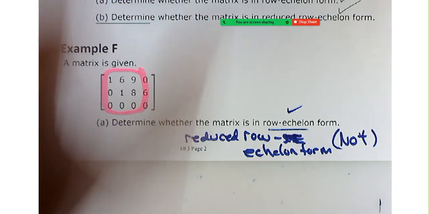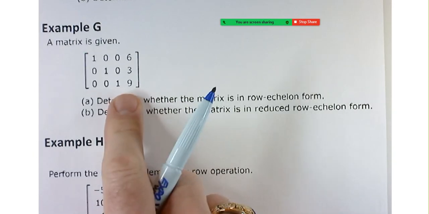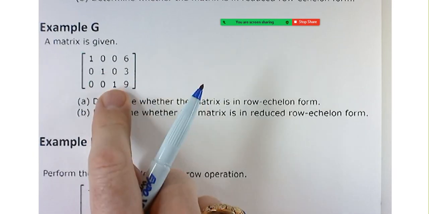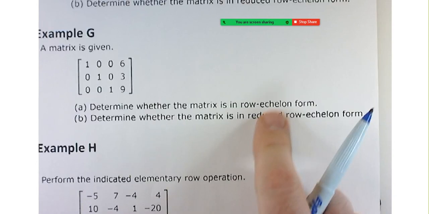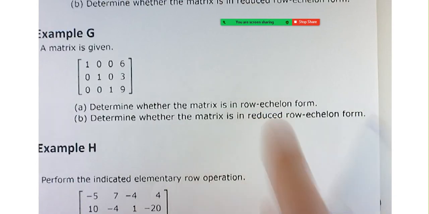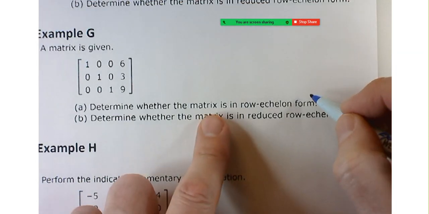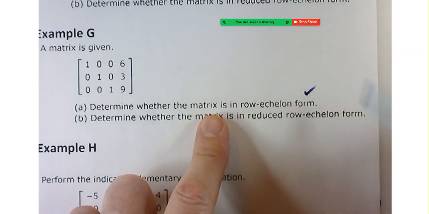Let's try one more. Is this in row echelon form? Is the first question, and is it in reduced row echelon form? That's the follow-up question. So the answer to the first question is yes.